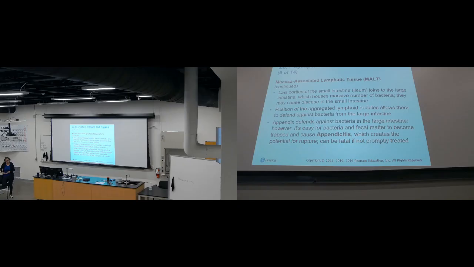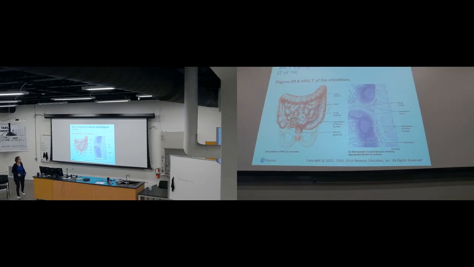Appendicitis is inflammation of the appendix. This can rupture and it can cause inflammation of the peritoneal membranes. The person can die. This is called peritonitis. The appendix we have on the right side. So with pain in the pelvic area on the right side, you have to make sure that it's not appendicitis.